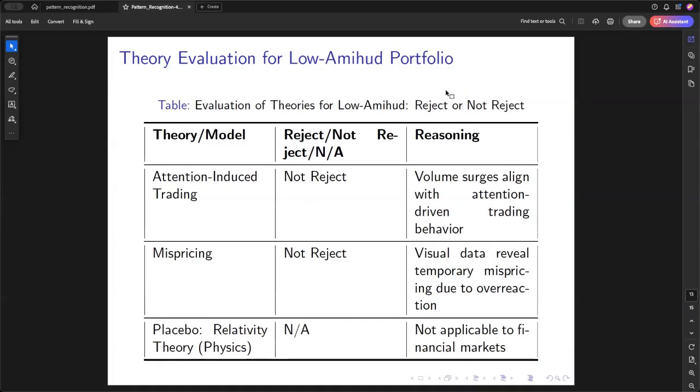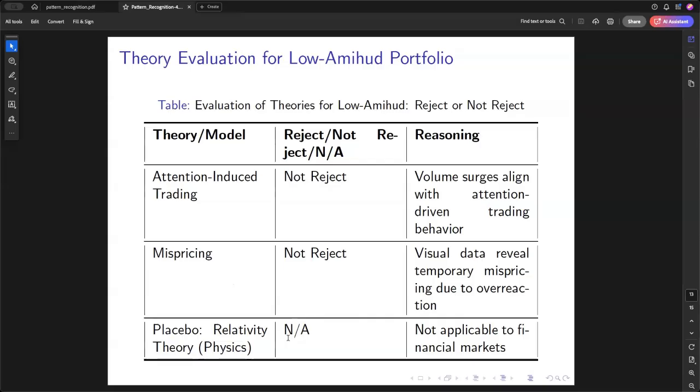For the low AMP portfolio, it's in line with attention-induced trading. So I feed it with a lottery paper, which is driven by attention-induced trading, and the volume surges align with attention-driven trading behavior, and it does not reject mispricing.